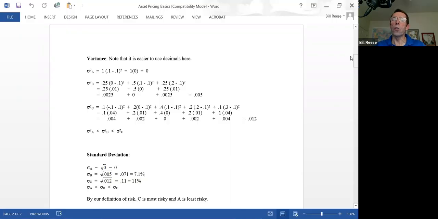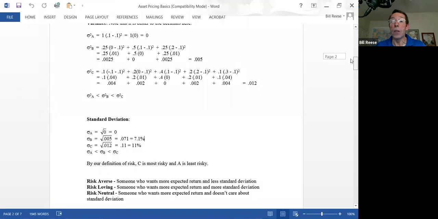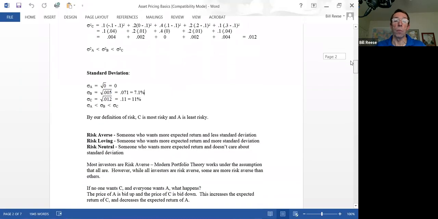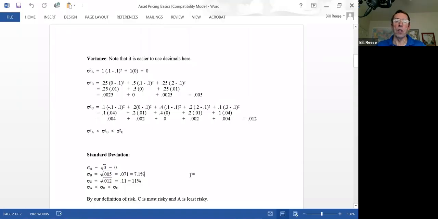So if we want to talk about risk, and we define risk as volatility, either variance or standard deviation, then by our definition, C is the most risky and A is the least risky. In fact, A has no risk. It would be a risk-free asset. B has some risk to it. And then C is more risky than B.